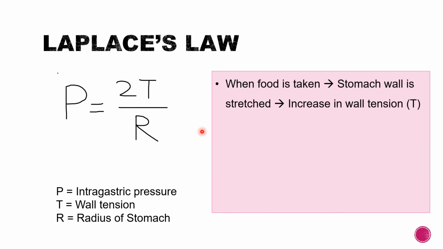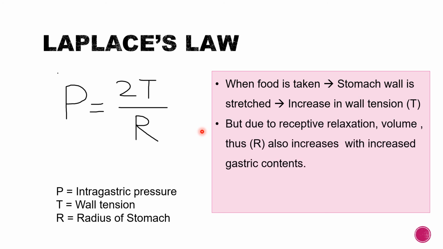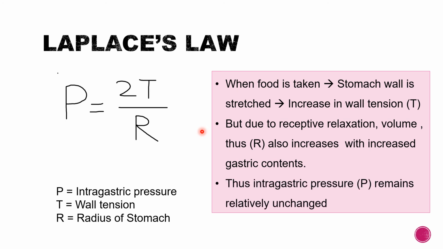So when food is taken in, the stomach wall is stretched and there is an increase in wall tension. T increases, but due to receptive relaxation, the volume increases, so the radius R also increases with increased gastric contents. Thus the P remains relatively unchanged.